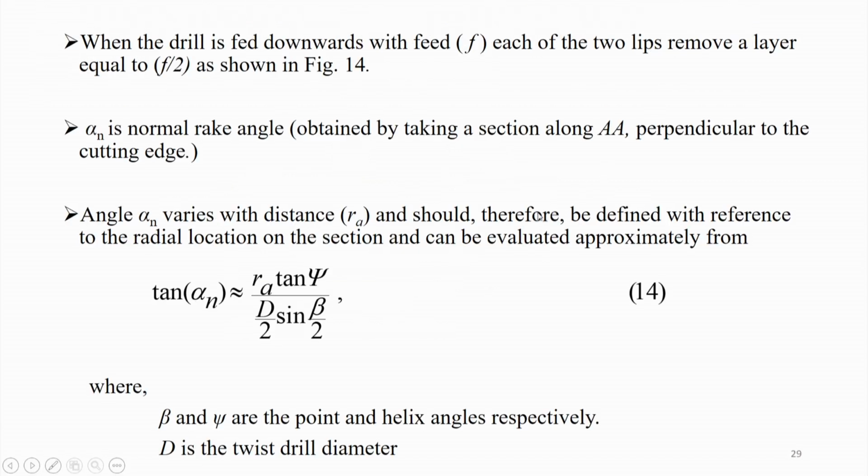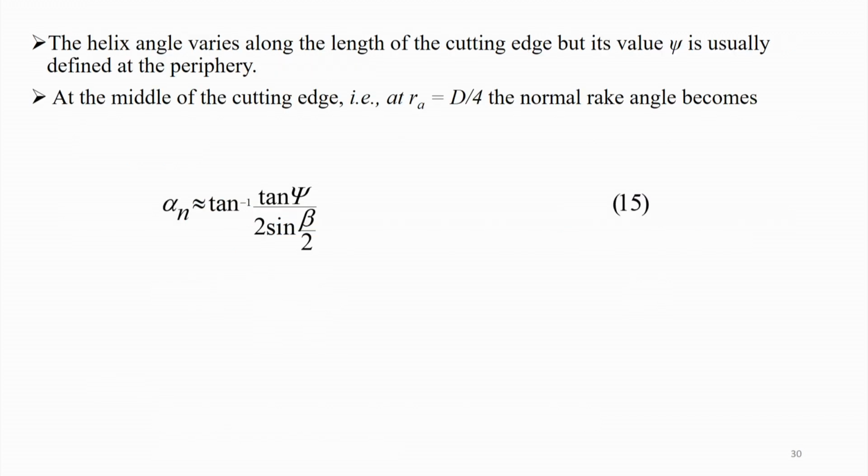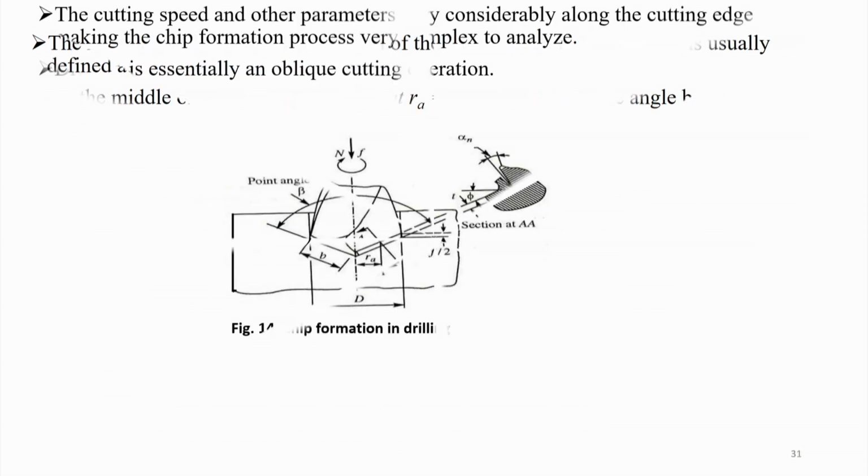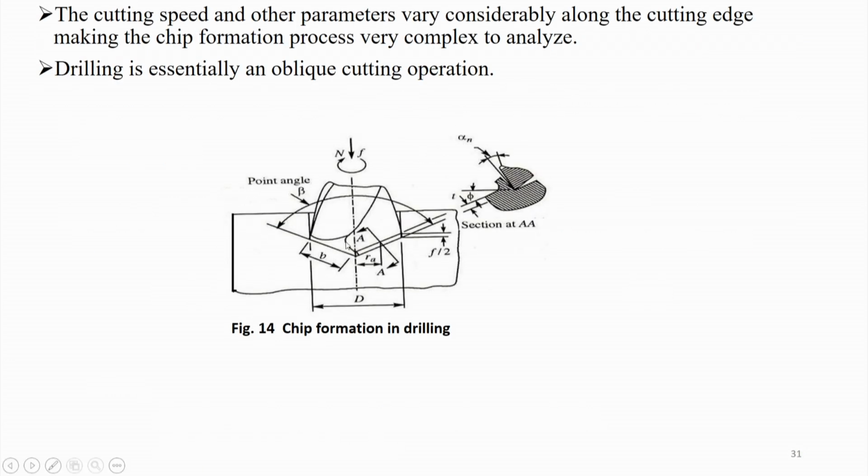Alpha n varies with distance Ra and should therefore be defined with reference to the radial location on the section, and can be evaluated approximately from this formula: tan alpha n is equal to Ra tan psi divided by d by 2 sin beta by 2. Beta is the point angle, psi is the helix angle, and d is the twist drill diameter. Beta is actually the complete point angle, that is shown here.